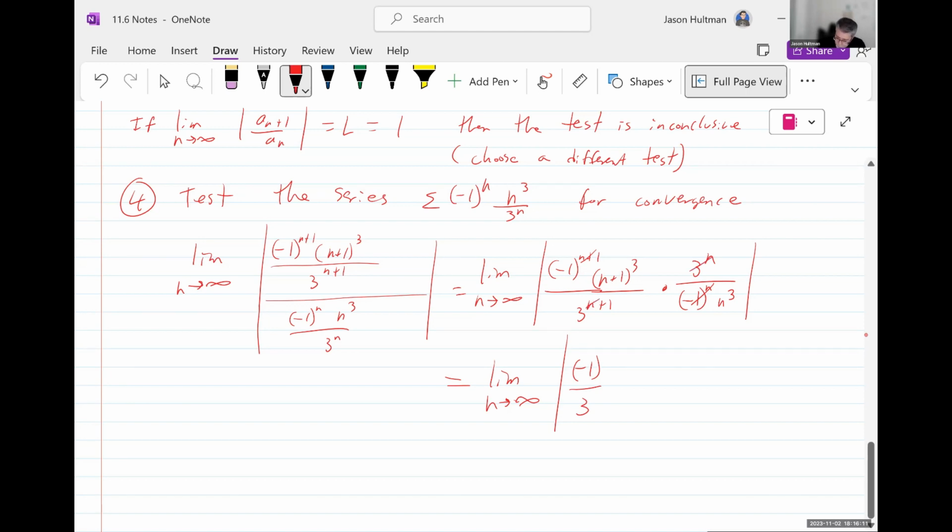So it's just negative 1/3. And then we get n plus 1 cubed over n cubed.